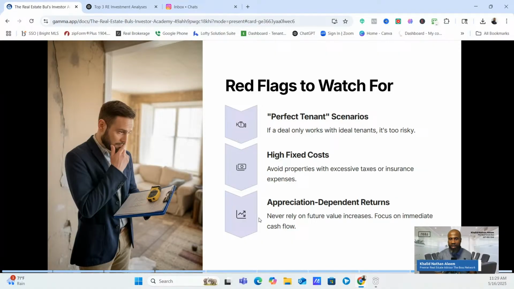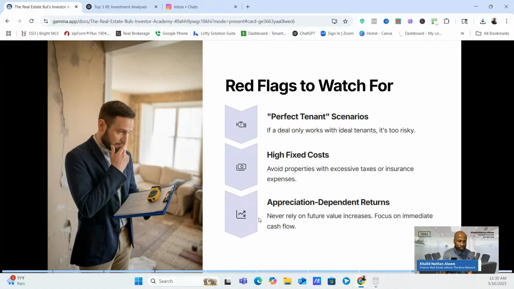Rentometer gives you the median rent, the 25th percentile, and the 75th percentile. If you're looking at the high percentile and saying, I'm going to need the perfect tenant where nothing goes wrong, that's a red flag.